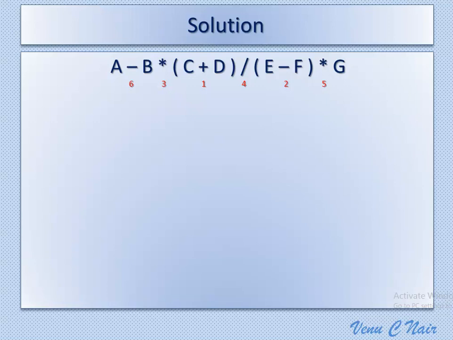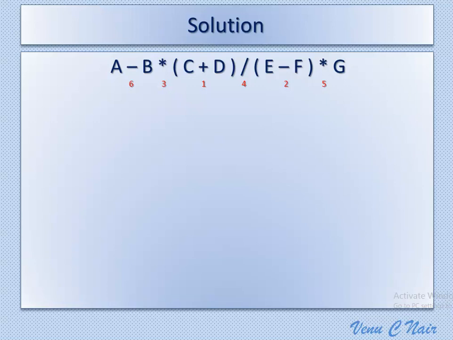So by seeing the infix expression, the first thing we have to do is sequence the operators' performance by looking into the priorities or preferences associated with the operators. Whatever comes inside the bracket is given the highest priority.